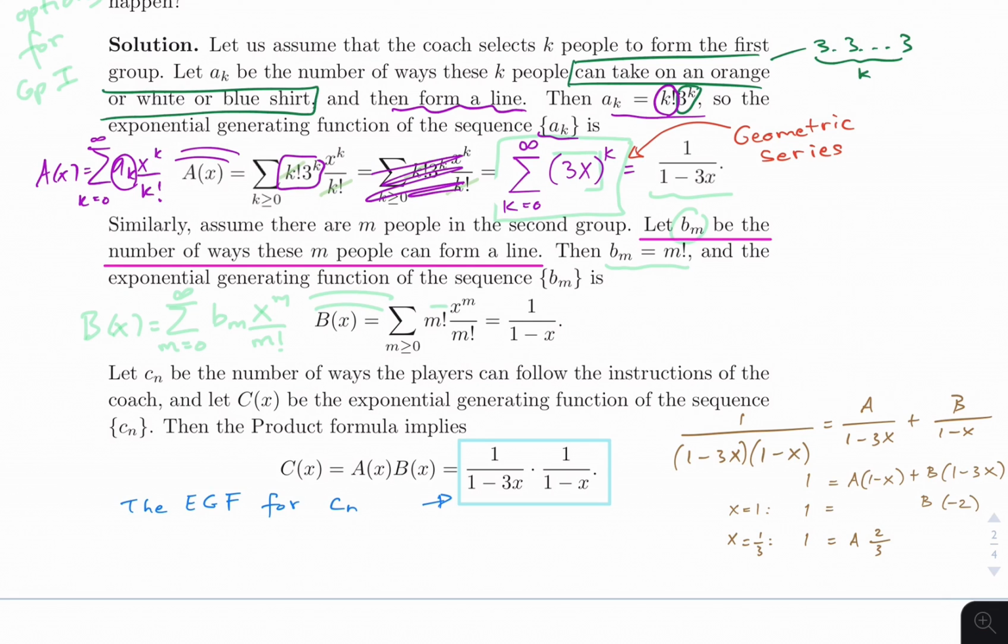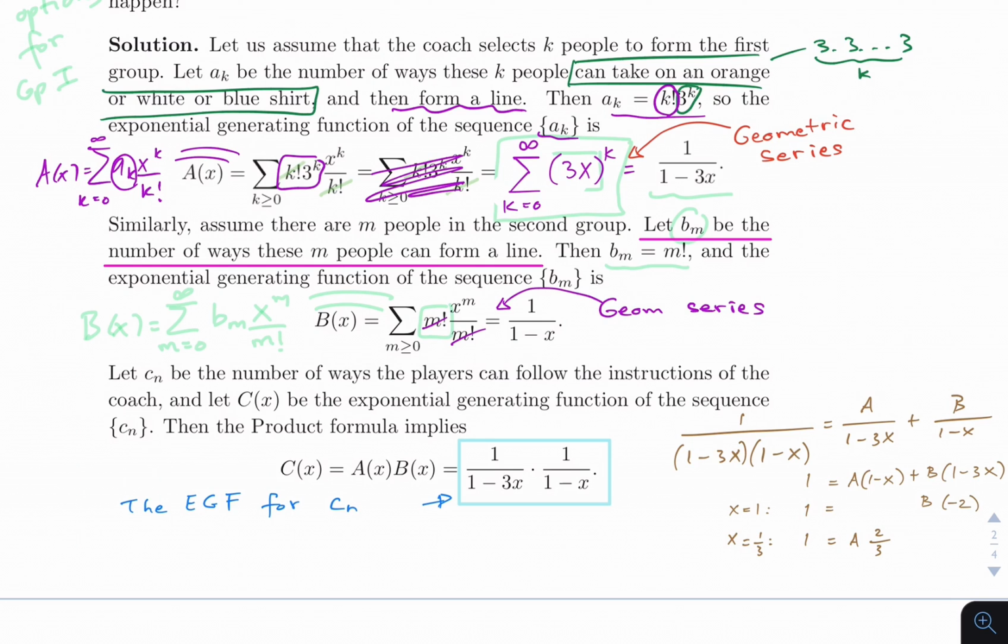So then I would just replace b sub m with m factorial. And again, I can cancel the m factorial, and I get 1 over 1 minus x, again using the geometric series.